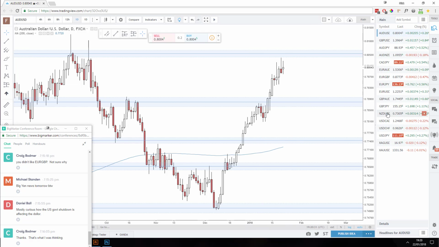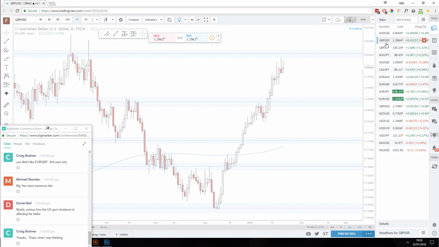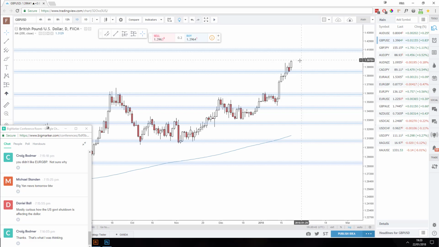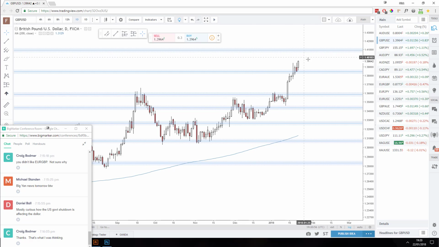I was also keeping an eye on GBPUSD and GBPJPY. They both looked good because they're breaking up, heading towards these new resistance areas, these fresh resistance areas that we haven't seen in quite some time. So they're new in the sense that they haven't been hit in a while. But I guess in a way they're also old because they're all the way back from pre-Brexit when the pound was a kind of different currency back then.